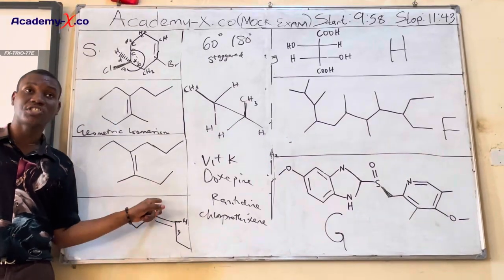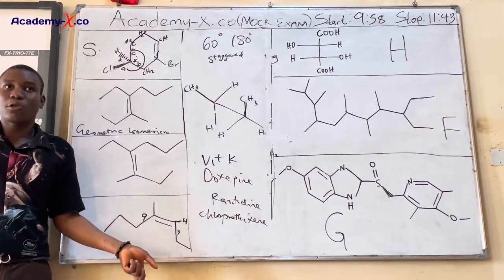So methyl and hydrogen are lower substances, they are not big, is it not?